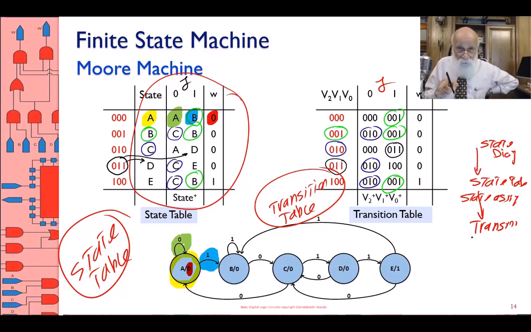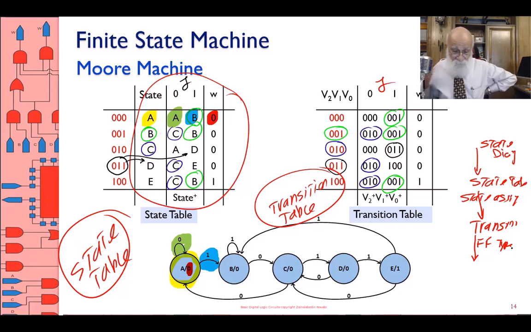If you want to turn it into a combinational circuit, you have to decide on the flip-flop type. You decide that you want to do a T flip-flop.